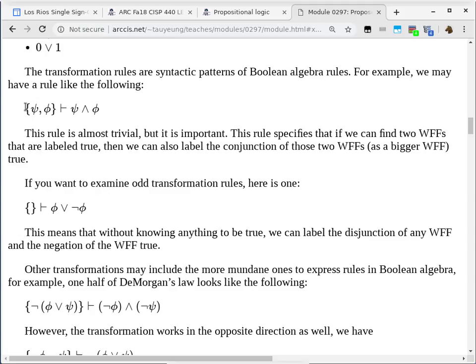What it is saying is, if you can find a well-formed formula psi that is known to be true, and another well-formed formula phi that is also known to be true, then those two things are enough to infer, that's the inference symbol, that psi and phi as a conjunction expression is also true.